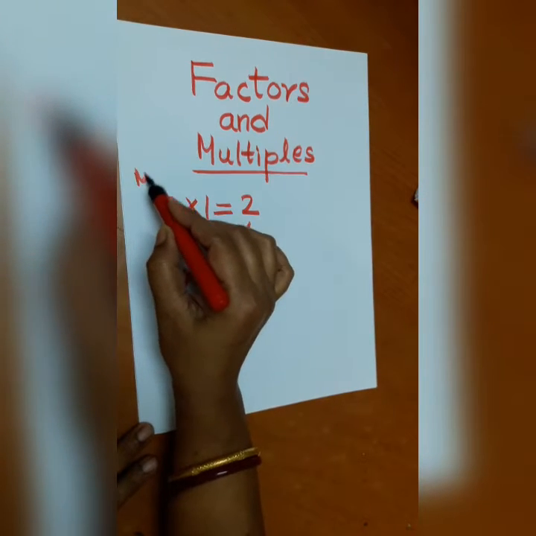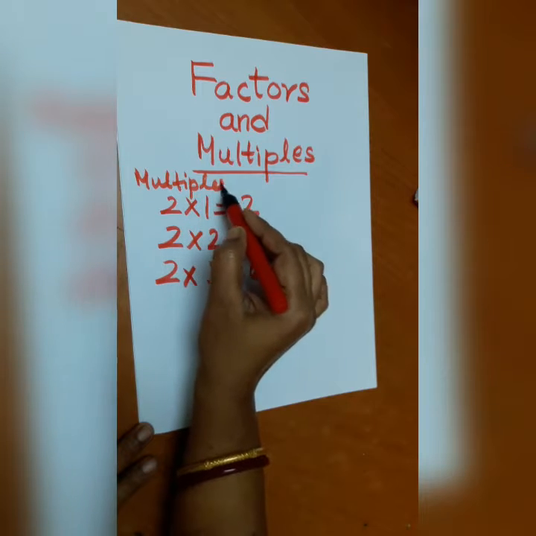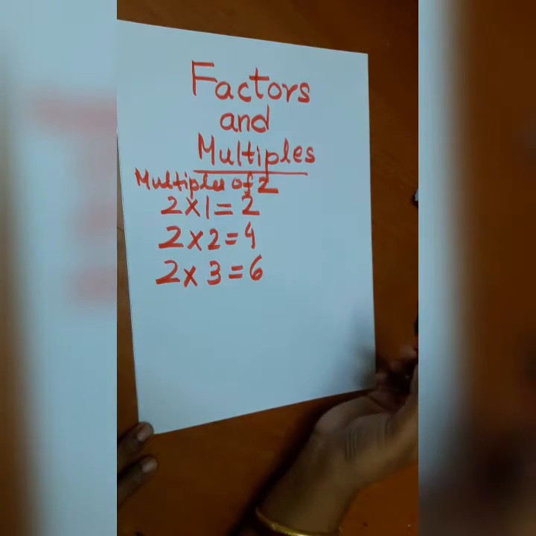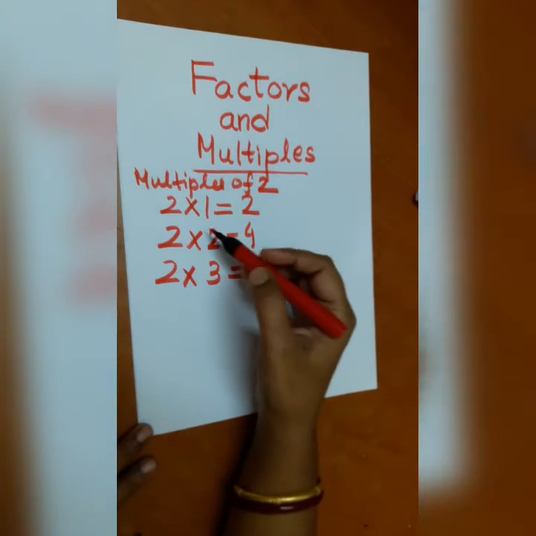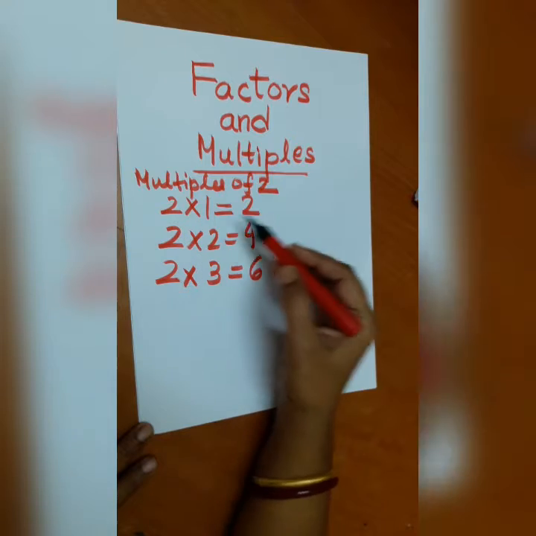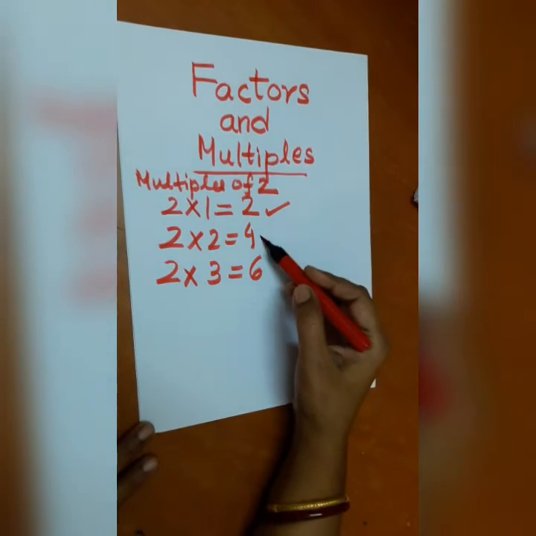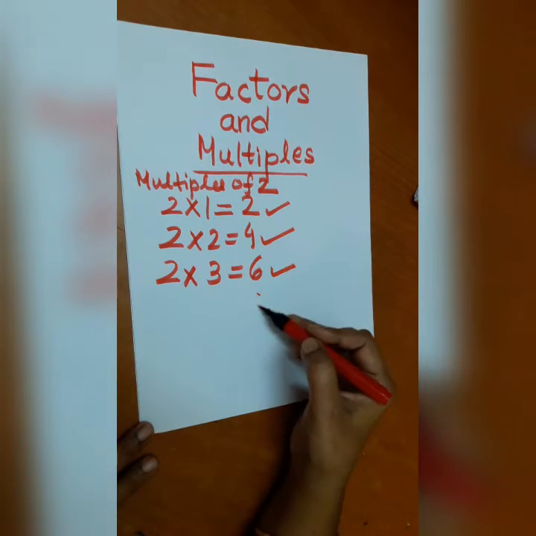Multiples of any number means something multiplied to it that brings a result. So 1 is multiplied to 2 and we get 2. 2 is multiplied to 2 and we get 4. 3 is multiplied to 2 and we get 6, like that.